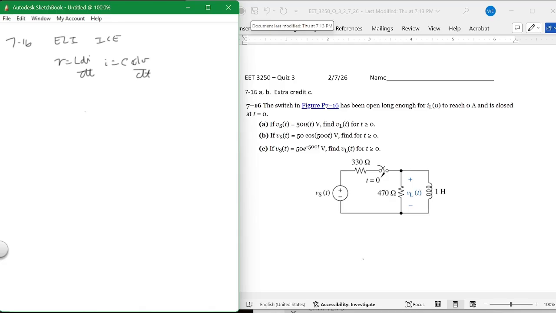Okay, so now you've got V Thevenin and R Thevenin, and an inductor. So what is the voltage across the inductor?